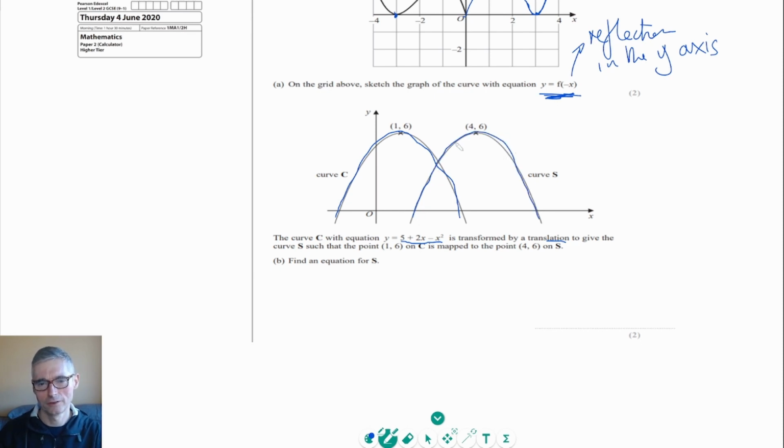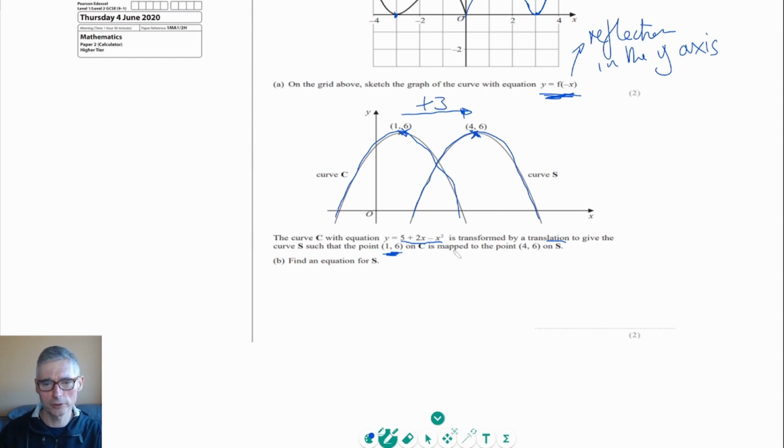The way we can do the translation is to note that this point here, (1, 6), has been translated to this point here, (4, 6). So it's a translation in the x direction of +3.